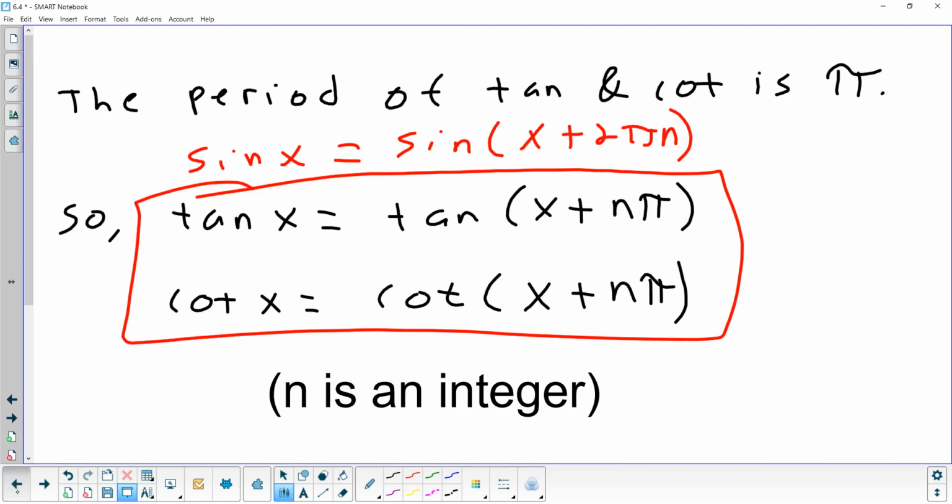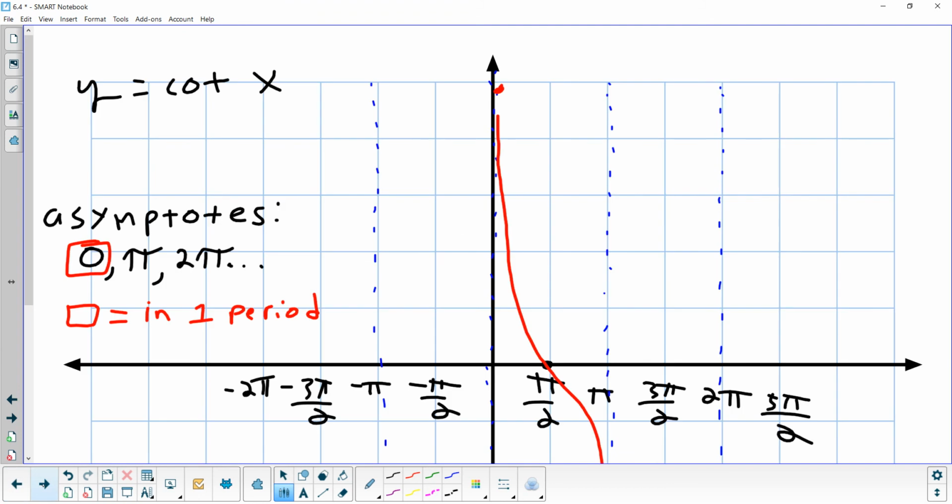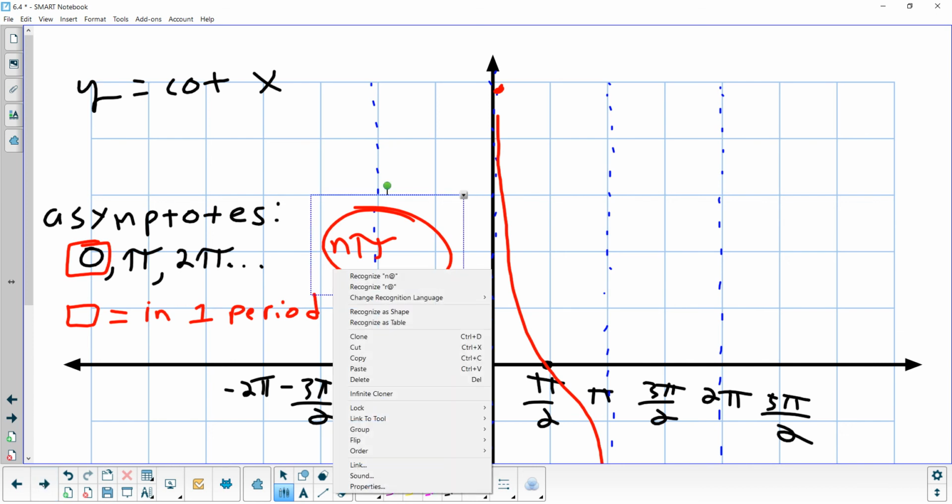If I go back to cotangent, the way I would describe all the asymptotes in general is I would say the asymptotes are of the form n pi, where n is an integer. So this is a formula that describes all the asymptotes, not just one of them. N times pi will always give you an asymptote in cotangent, as long as n is an integer.